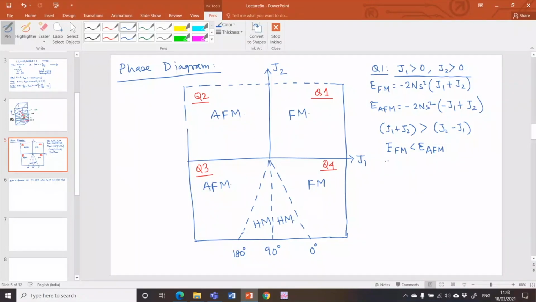Okay. So now you go to Q2. Here J1 is negative and J2 is positive.